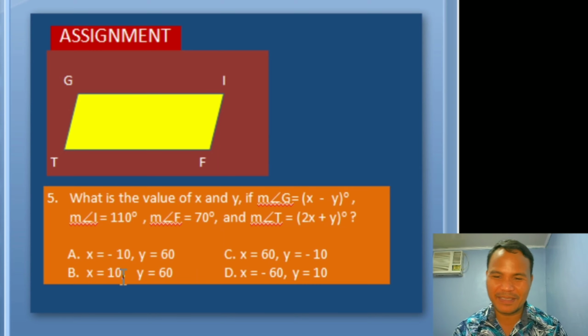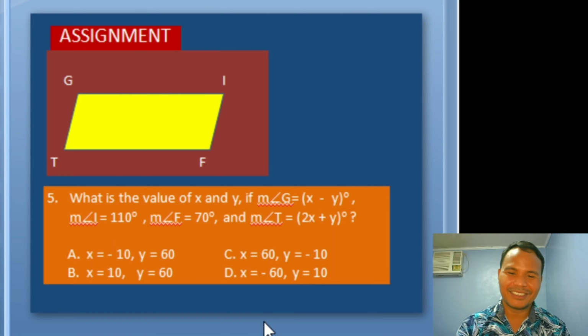A, X equals negative 10, Y equals 60. B, X equals 10 and Y equals 60. C, X equals 60, Y equals negative 10. D, X equals negative 60, Y equals positive 10. Okay, so I hope you can answer that one.